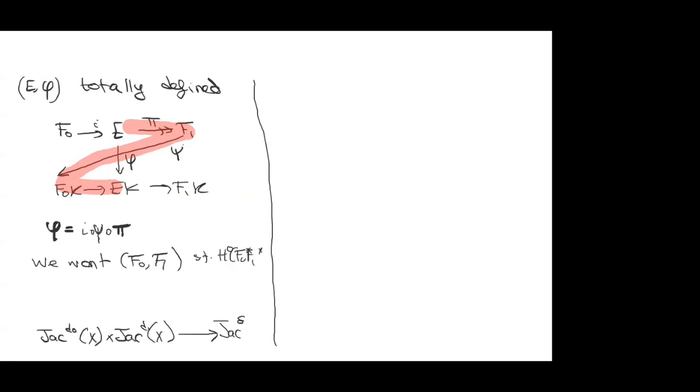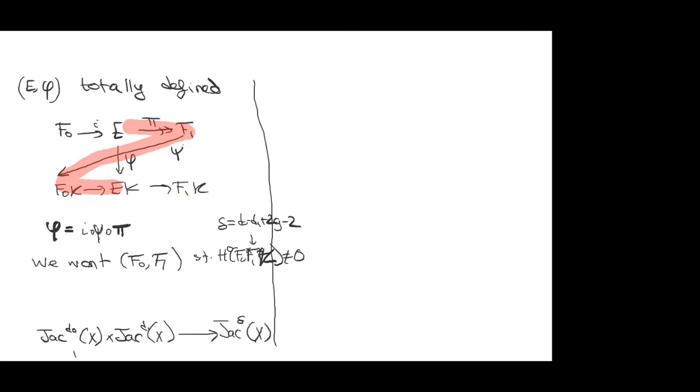What we want is for there to be sections of this bundle, a morphism from F1 to F0K. Say delta is the degree of this bundle, which is D0 minus D1 plus 2G minus 2.